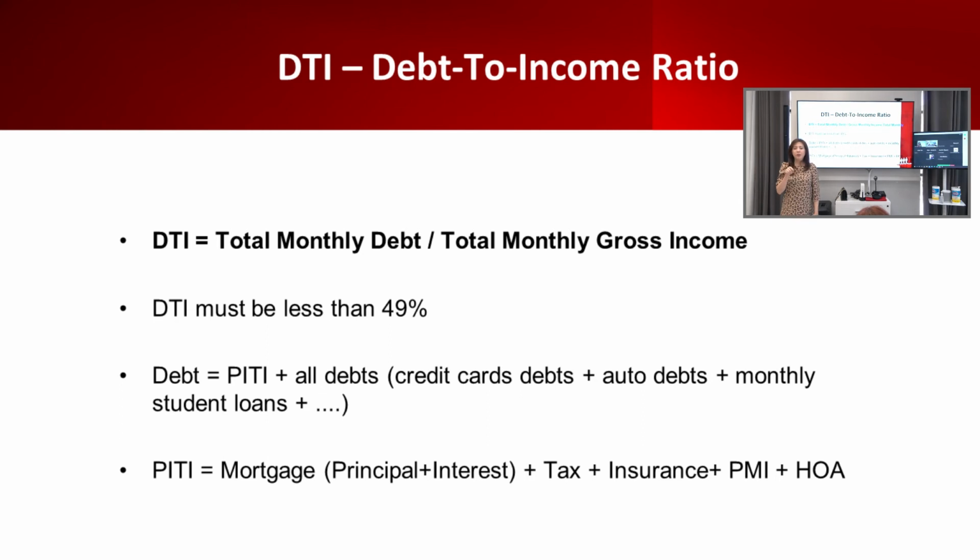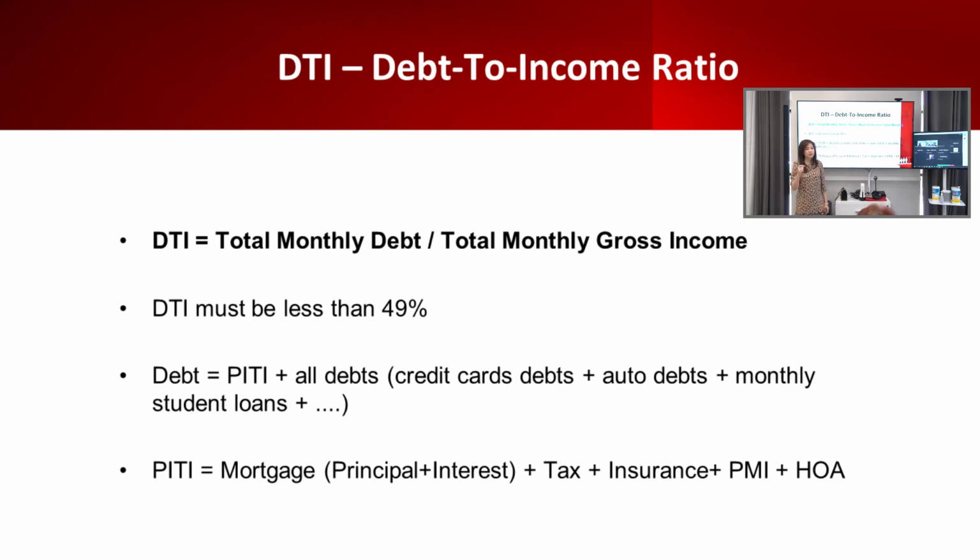And right there I put that the DTI must be below 49% for a client to qualify. What does it mean by 49%? Why is it not 30% or why is it not 100%? Okay, let me explain why it has to be less than 49%.